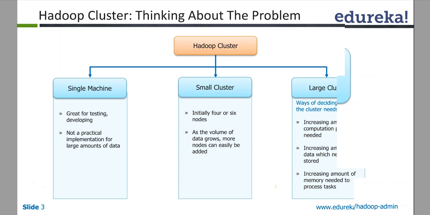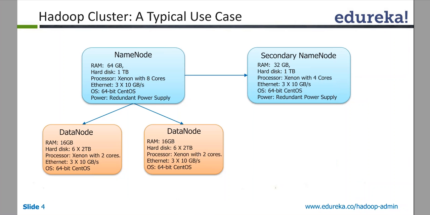Then you can build your cluster, where the typical use case of a Hadoop cluster is that the master nodes should have more memory. They can have less hard disk, but they should have more memory, more redundancy in terms of Ethernet cards or power supplies, and processor.